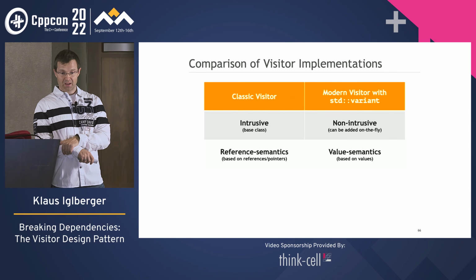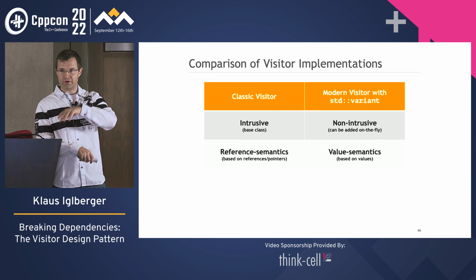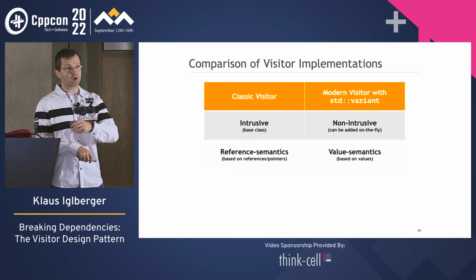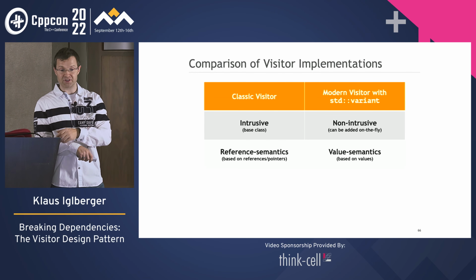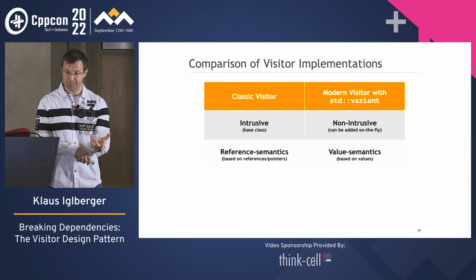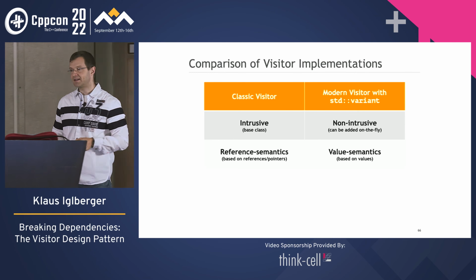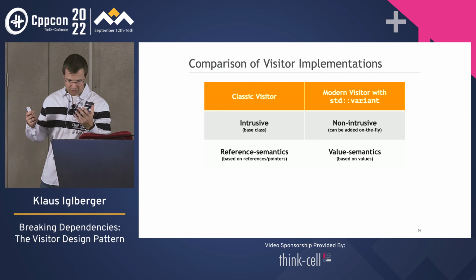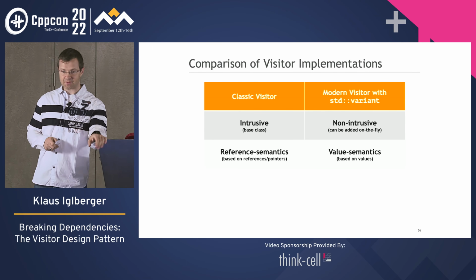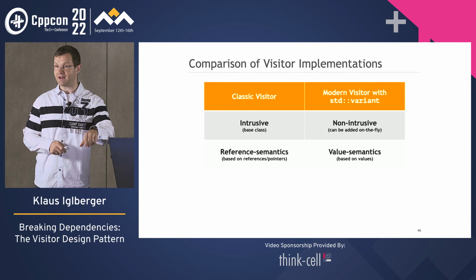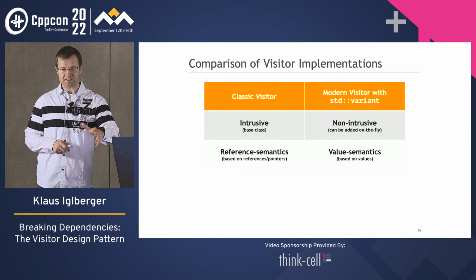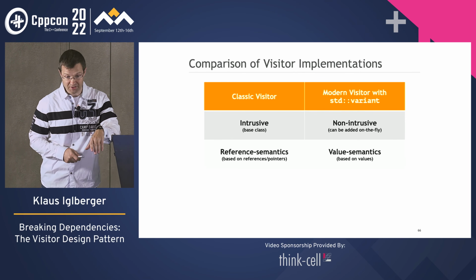There's a lot of pointers, a lot of references floating around because we always work with a pointer or reference to base. That's how it works. The modern version, however, is quite firmly value semantics. So we're basing everything on values. And suddenly things get so much easier and faster.